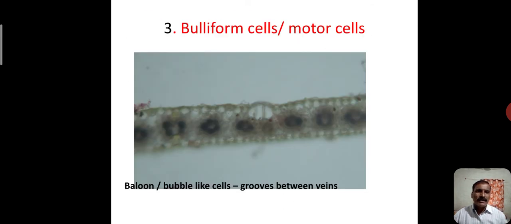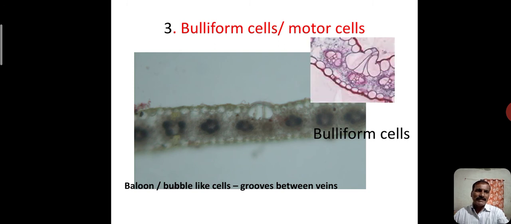Now, if you see the figure here at the center, there are the bulliform cells, which are quite larger cells, thin-walled, and full of water without chloroplast. These are present mainly in the grooves of veins.